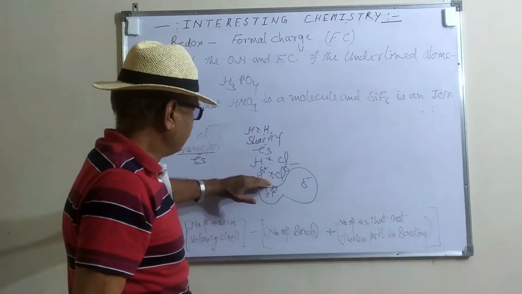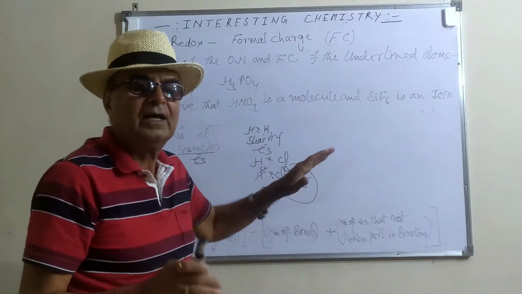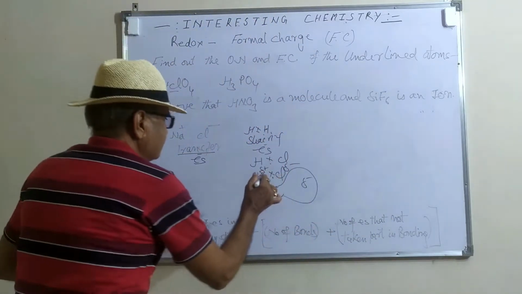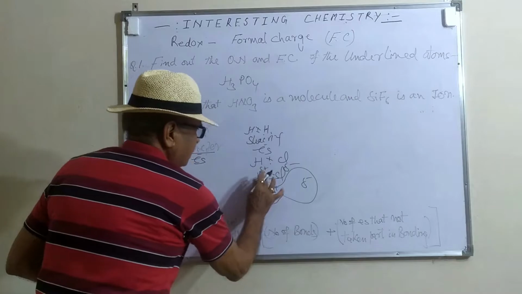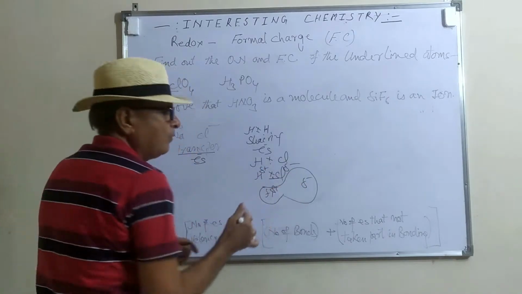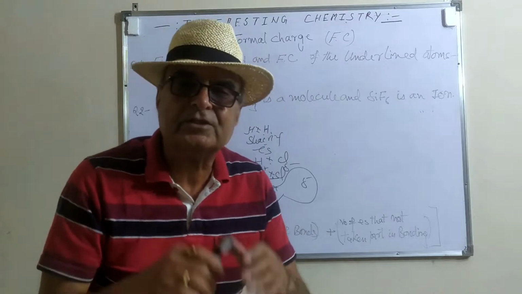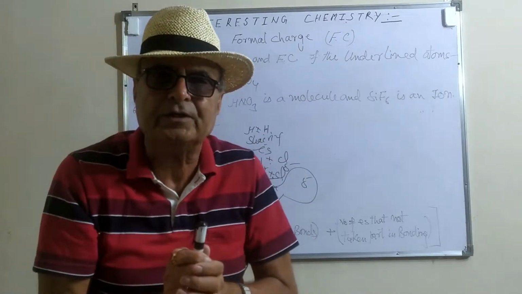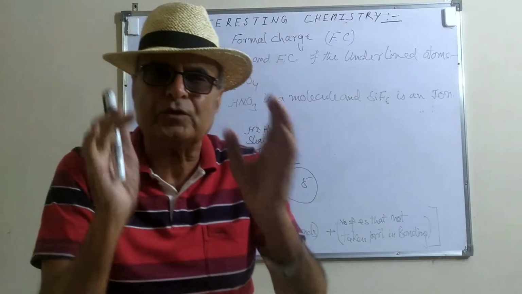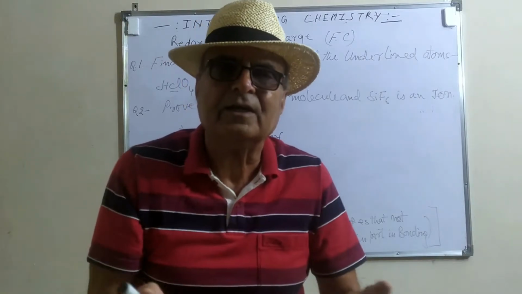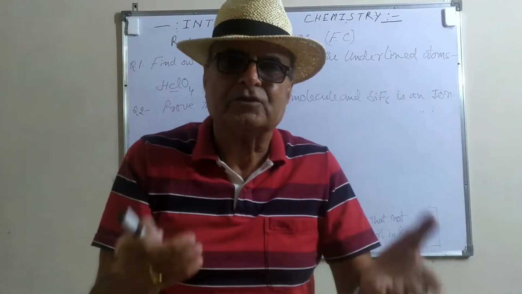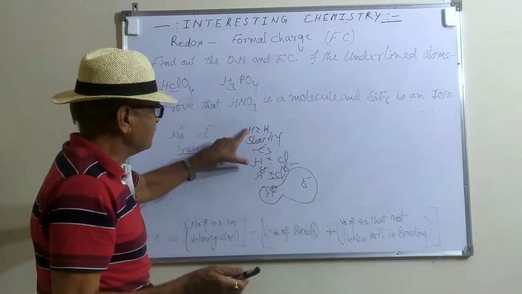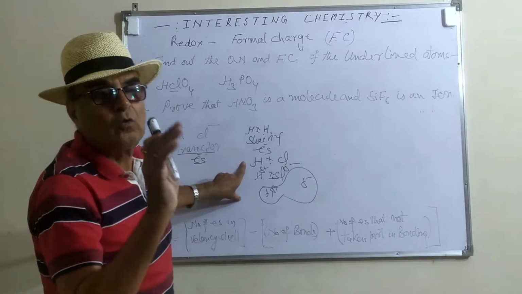It is due to this shift: the electron pair is shifted towards the chlorine. That's why the electron density also shifts towards the chlorine. So the electron density on the chlorine atom will be greater than on hydrogen, and so there will be a delta negative and delta positive charge.